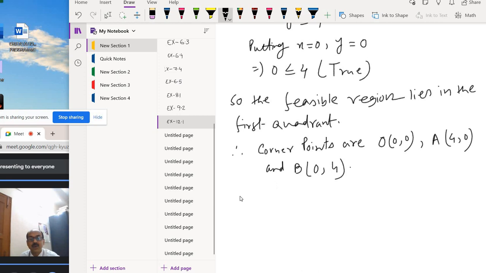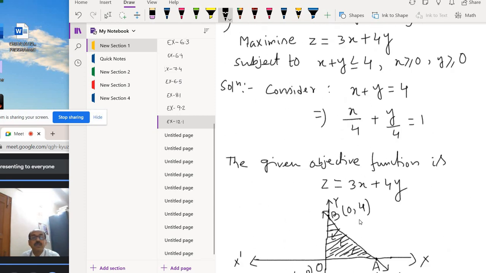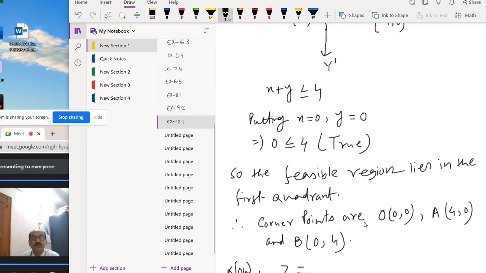Now find the values of the objective function z at the points O, A and B. z is equal to 3x plus 4y.